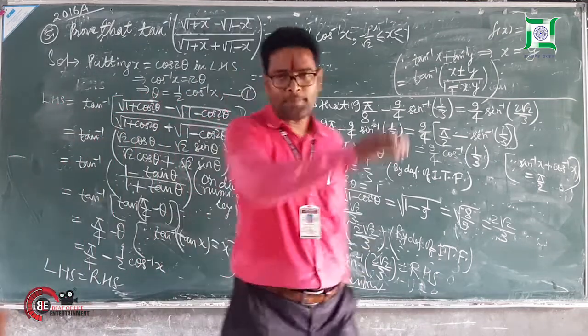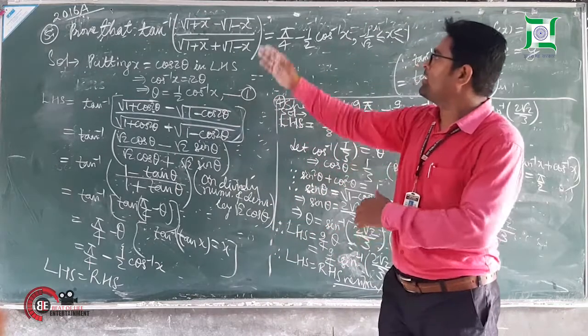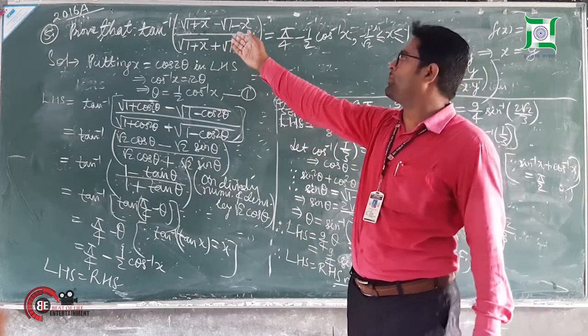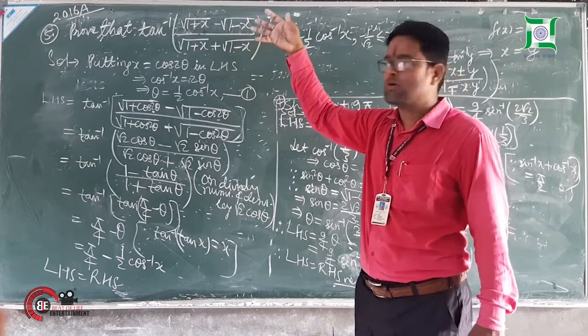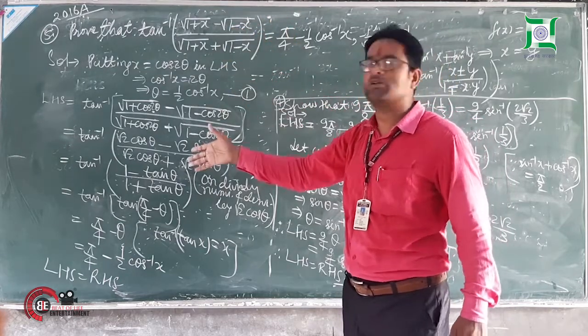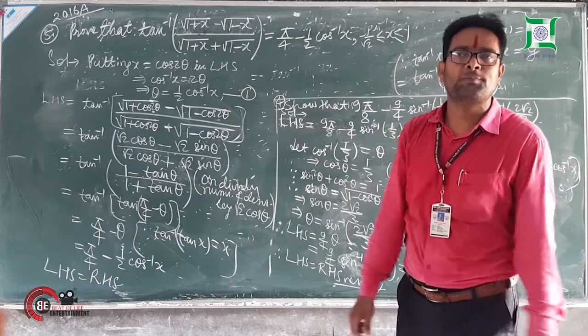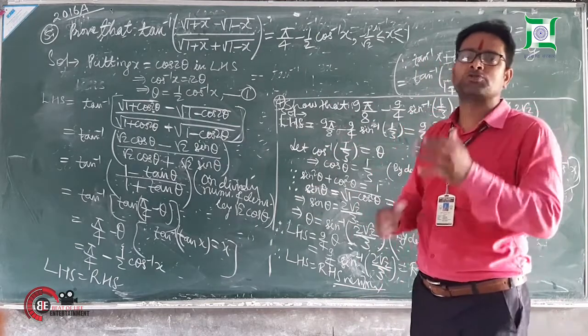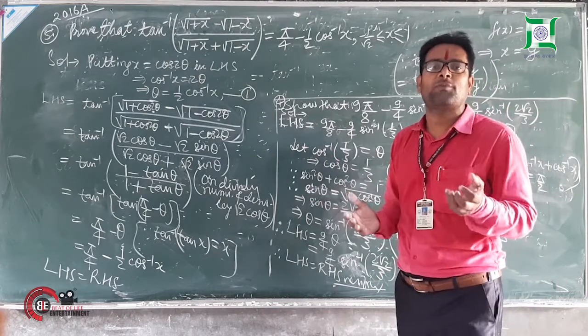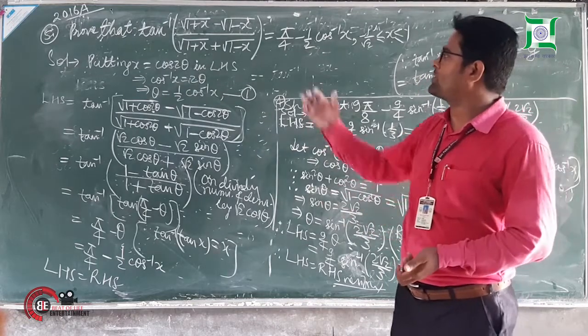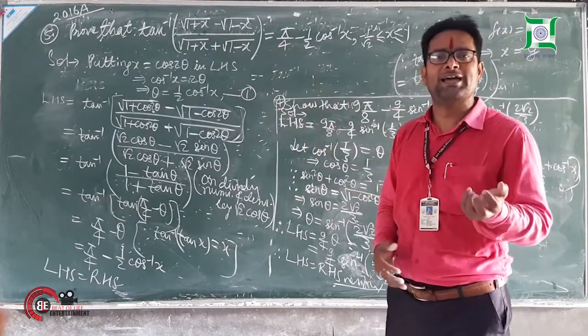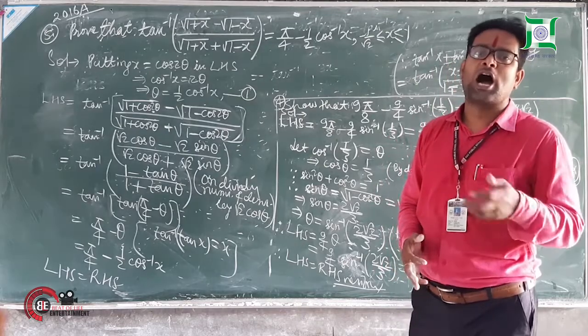Now see everyone, in this way a question looking very complex in form and steps becomes very easy if you go according to the plan. Whenever we proceed according to the plan, we think about the tricks and the methodology we are applying. It depends upon us how easy the problem will be.